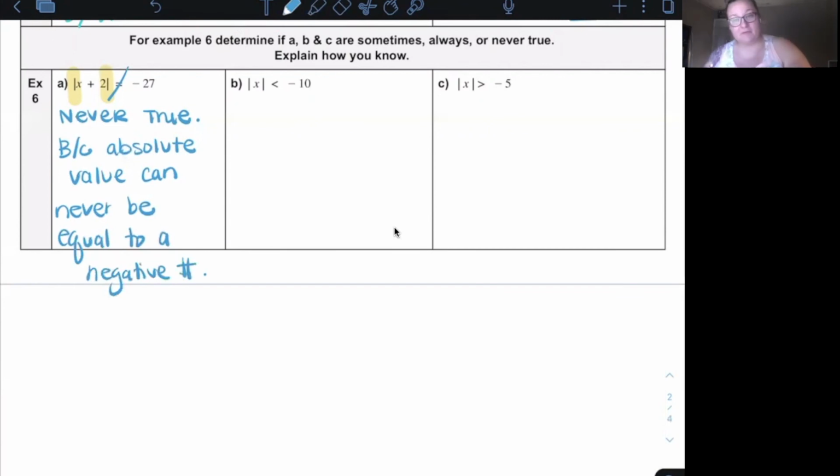So what about part B? So part B is a little tricky, and so is part C. Part B says that the absolute value of a number is less than a negative.